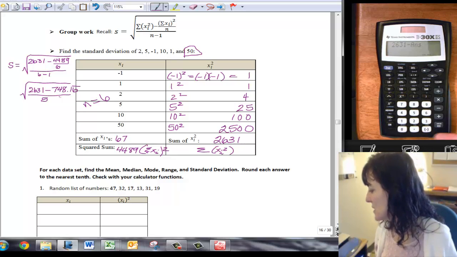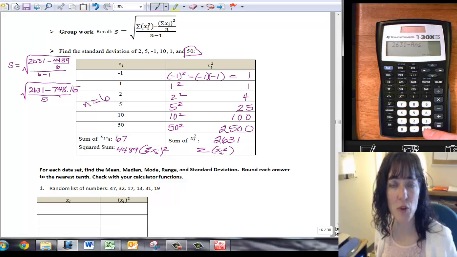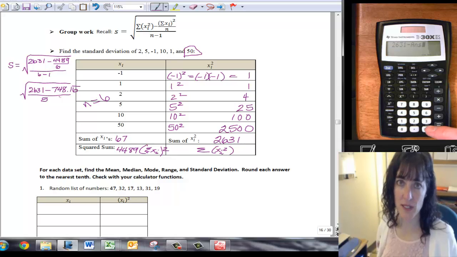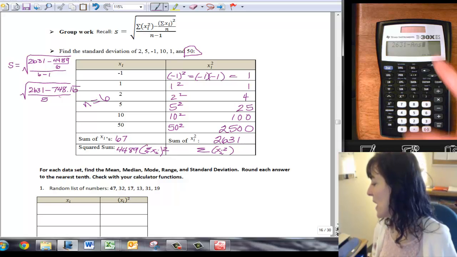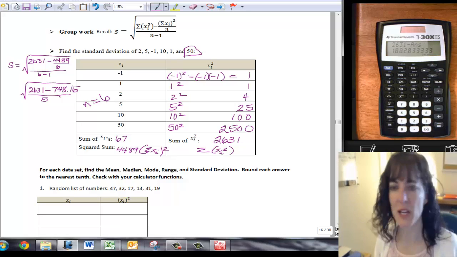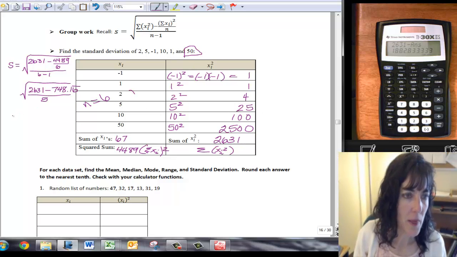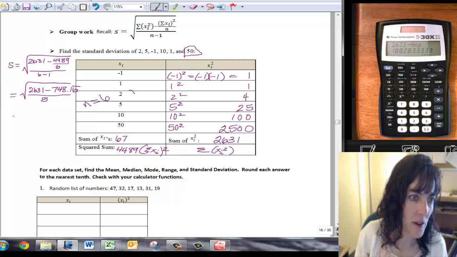So I do second, and then that negative sign, that brings up the previous answer, which in our case was 748.166666. So I have that showing, and I'll just push enter.